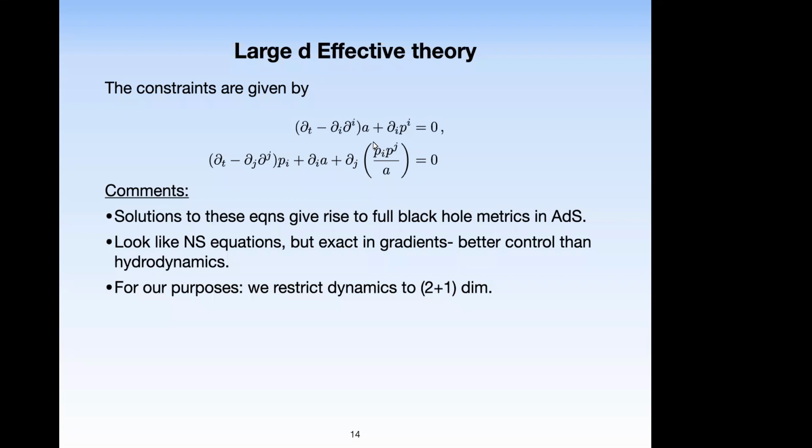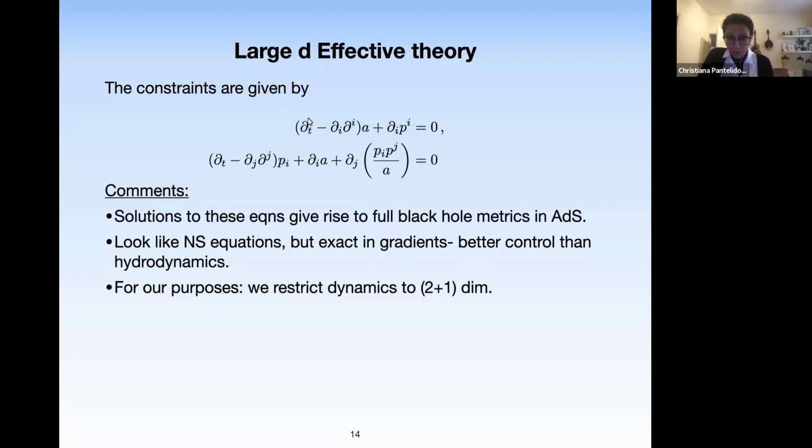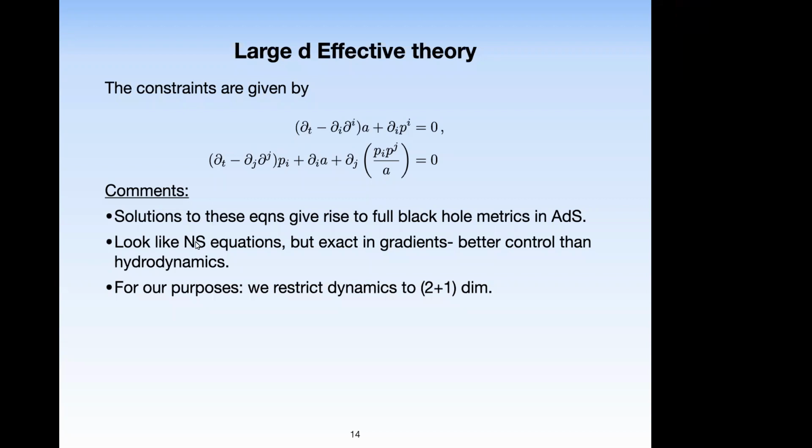If it was relativistic, yes, I would agree that the powers should match. But once you take the large D limit, you just get something that is non-relativistic. Oh, okay, thanks.